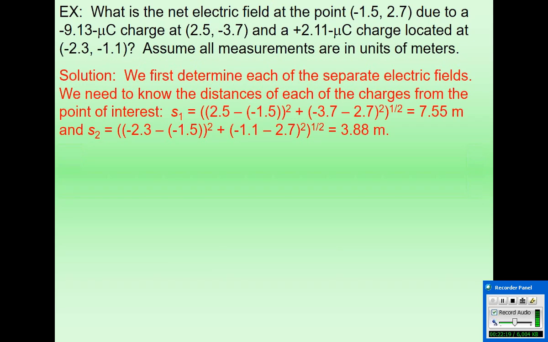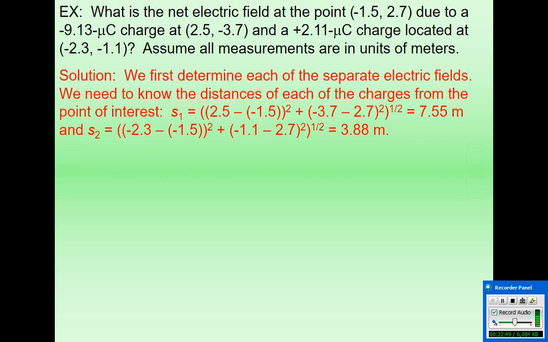Let's consider the following question. The net electric field at a point of negative 1.5 and 2.7, and you'll see that the last sentence in black says assume all measurements are in units of meters, so in standard units. There's no charge at that location, but we happen to be close to some charges.